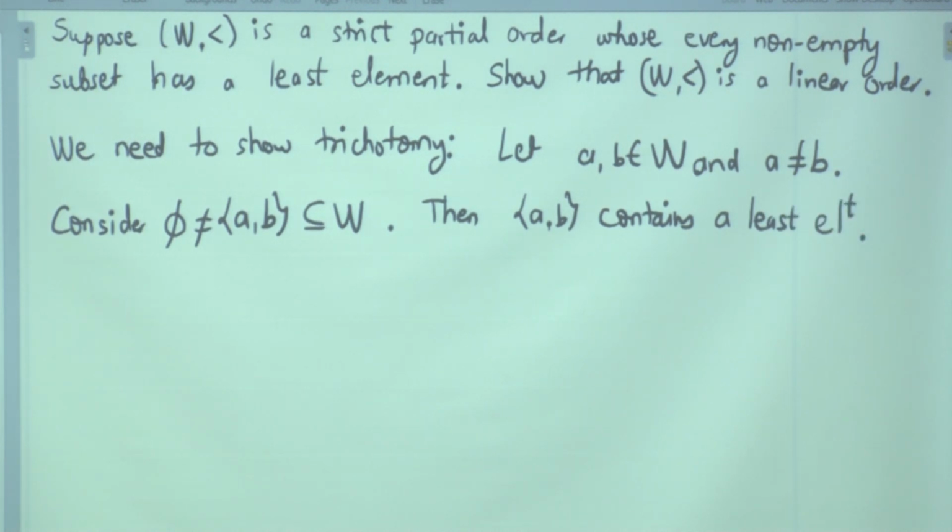And what will be that least element? If the least element is A, then A is less than B. If the least element is B, then B is less than A. So we don't really need the fact that it is a linear order. It can be derived from the well ordering property.